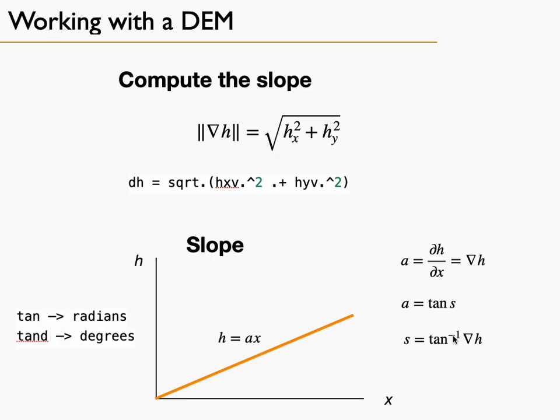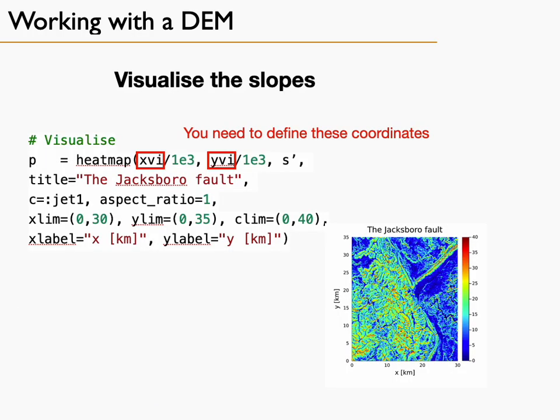The inverse tangent, or the arctangent, is simply defined as atan or atand. So in the end, you can now plot the slope that you've computed. To plot the slope, you will use S transpose, and you will need to use the coordinates xvi and yvi. Thanks for your attention.